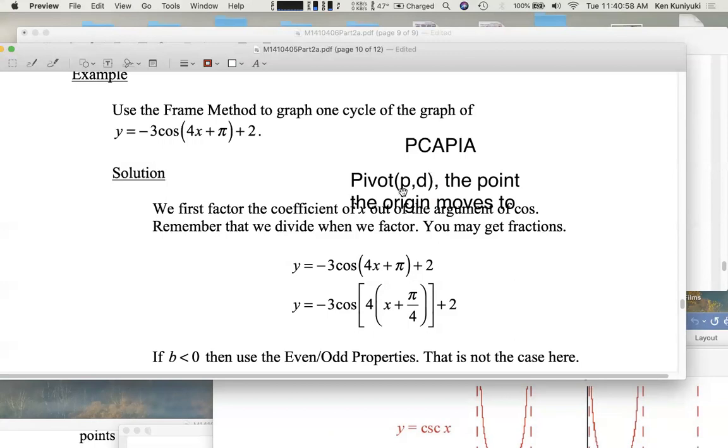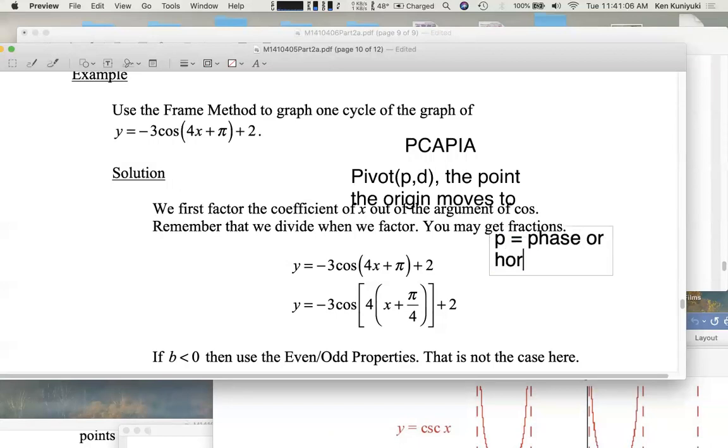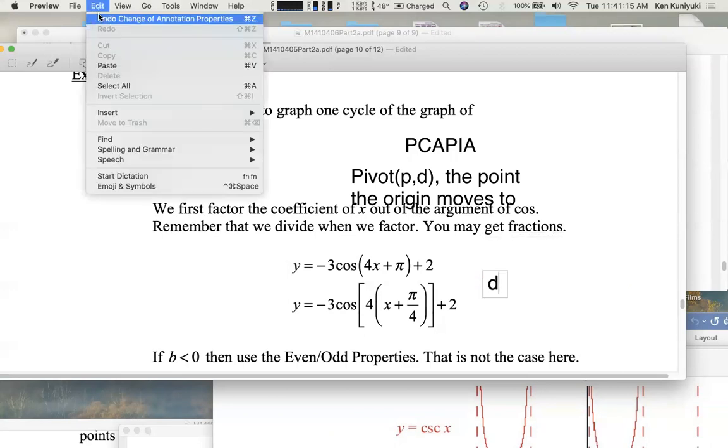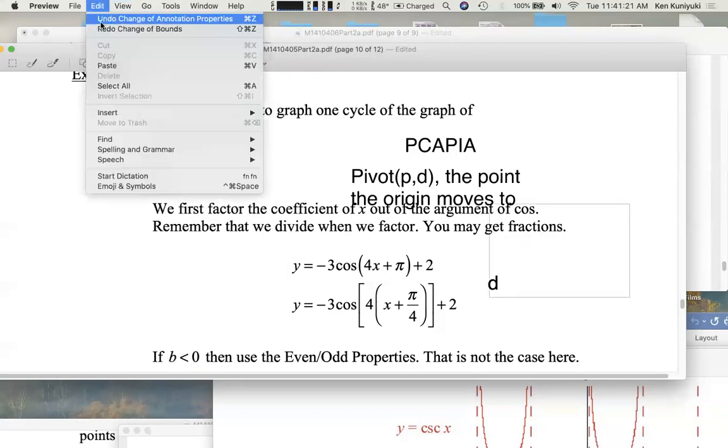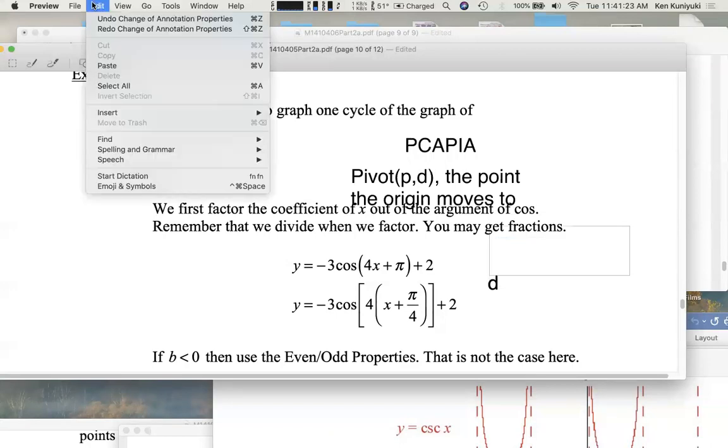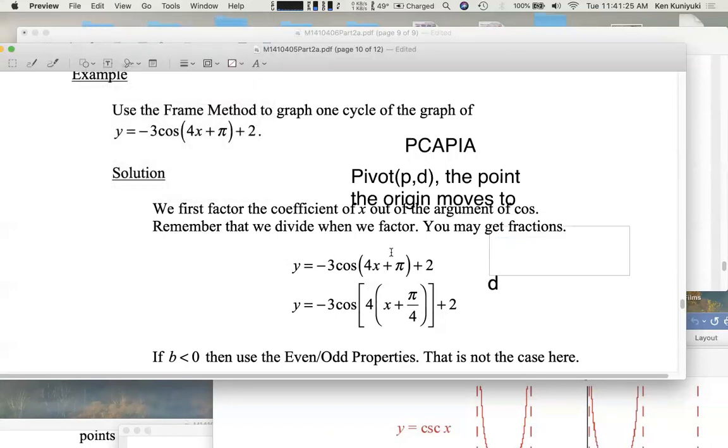P is the horizontal or phase shift. P is the phase or horizontal shift. And D is the vertical shift. I'll retype this.